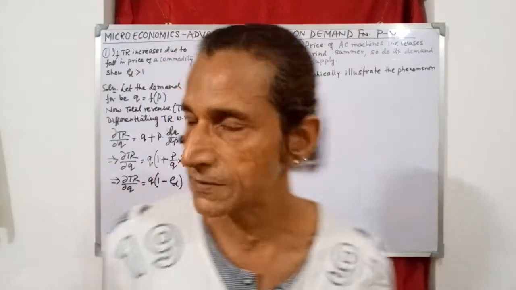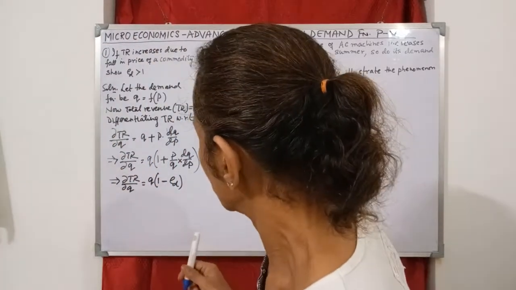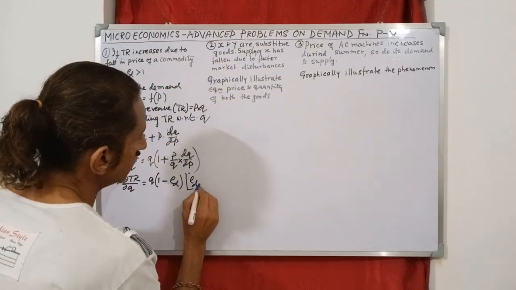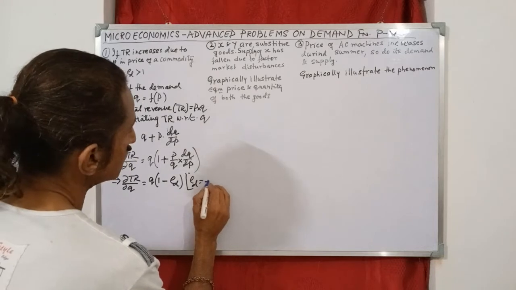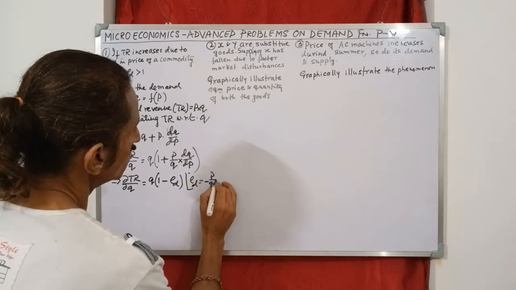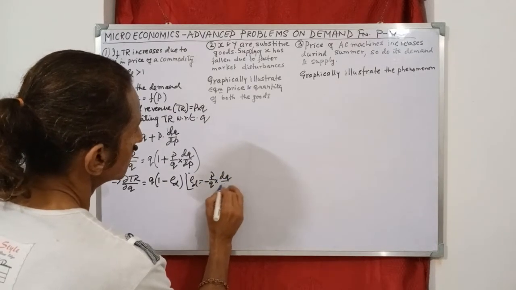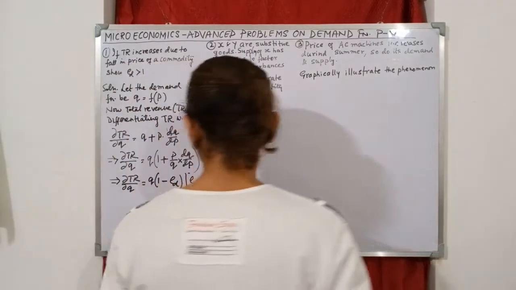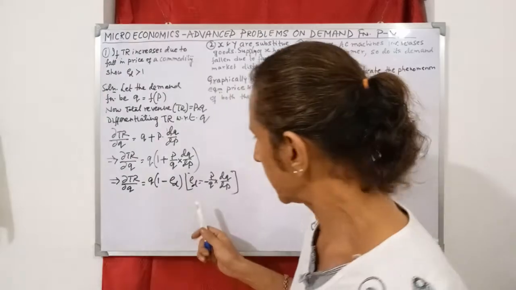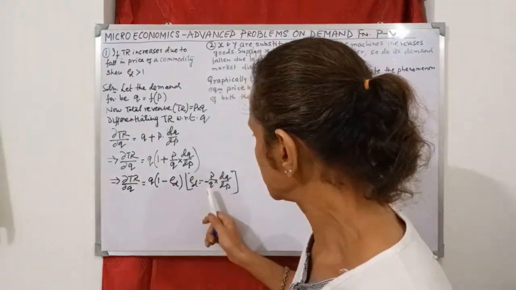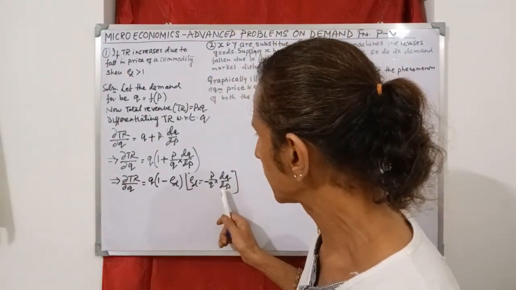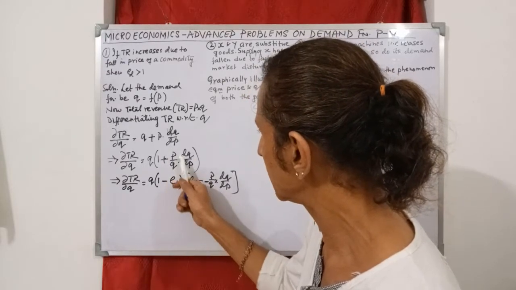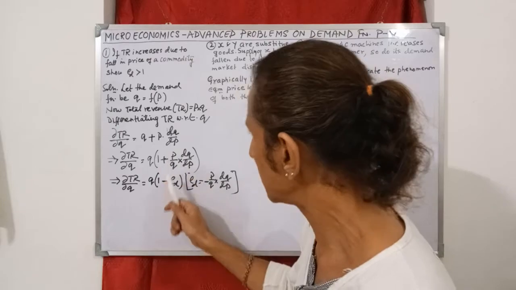Why 1 minus ED? You see, what is ED? ED equals to minus P by Q into dQ dP. Is it okay? Here we have P by Q into dQ dP. So this must be minus ED.